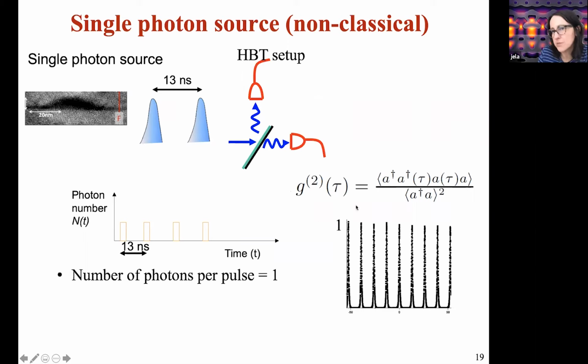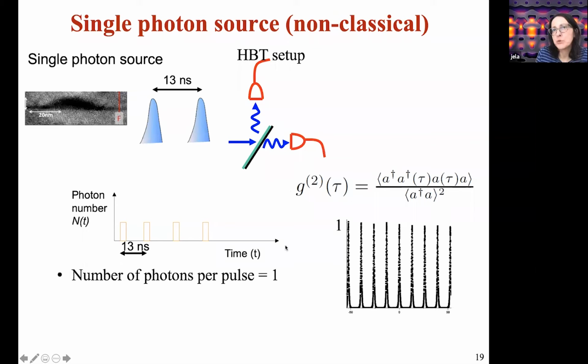So this measurement for a laser was obtained exactly using this. If you take a laser beam and split it on the beam splitter, these 2 detectors would produce coincident clicks at time intervals that are separated by integer multiples of the repetition period of the laser. And all of those coincident clicks would have equal height for integer multiples of 13 nanoseconds.